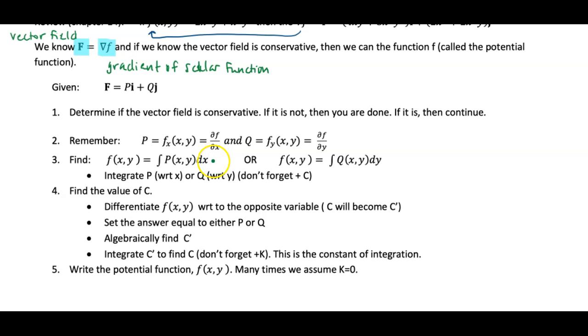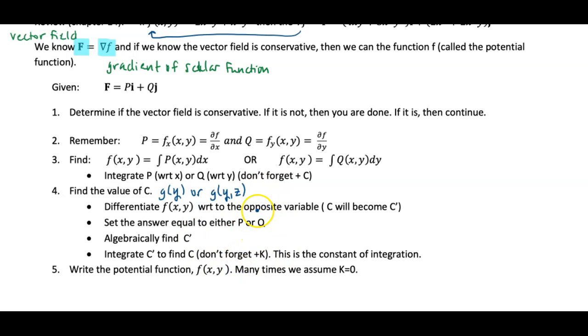Now, when we integrate, we're going to have this constant of integration, because this does not take into consideration any constants we may have had. And in this case, our constant is just going to be equal to g of y, or in the case of three variables, g of y comma z.